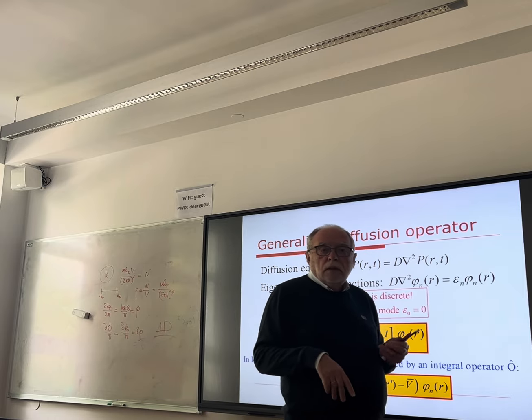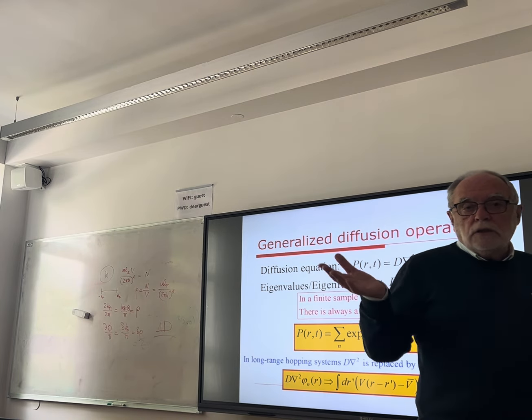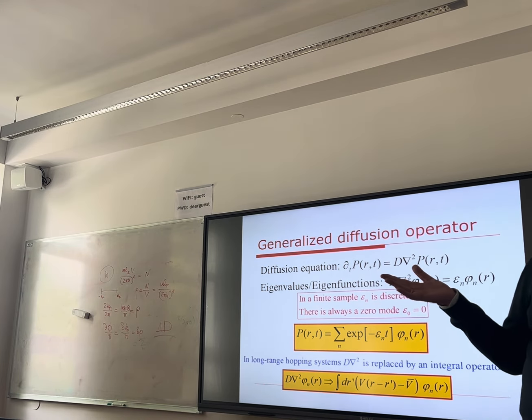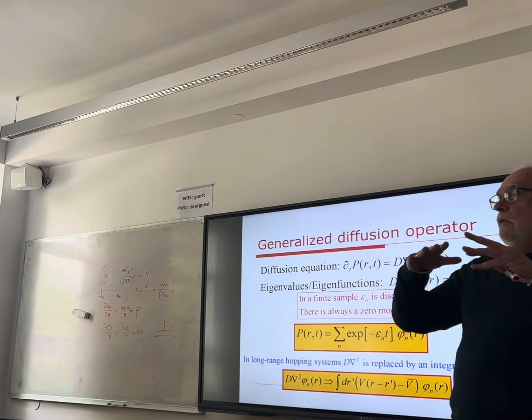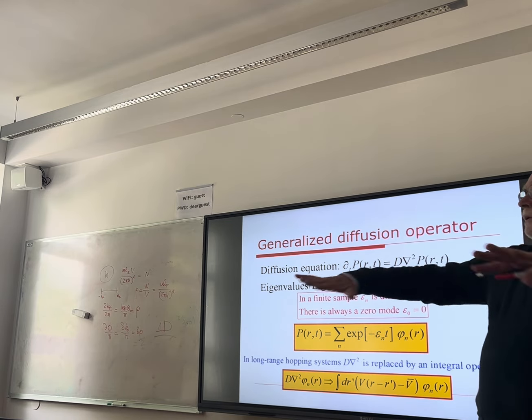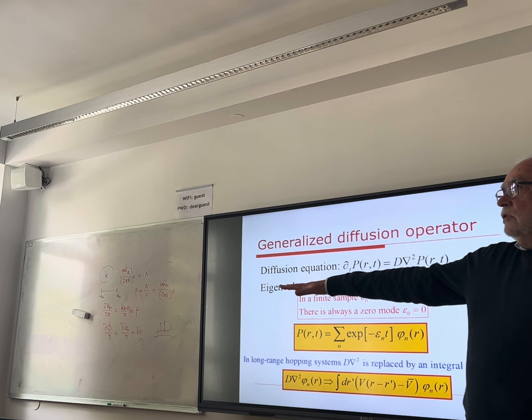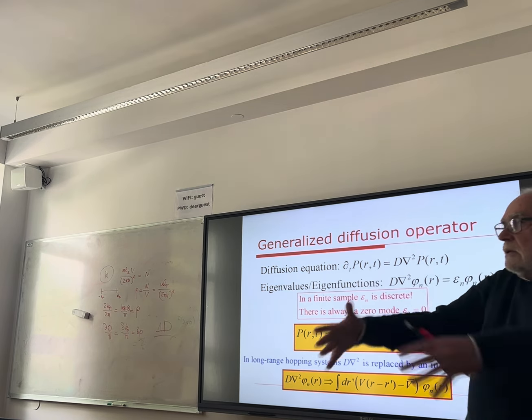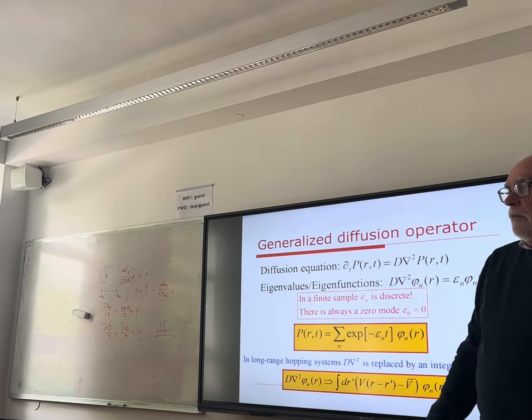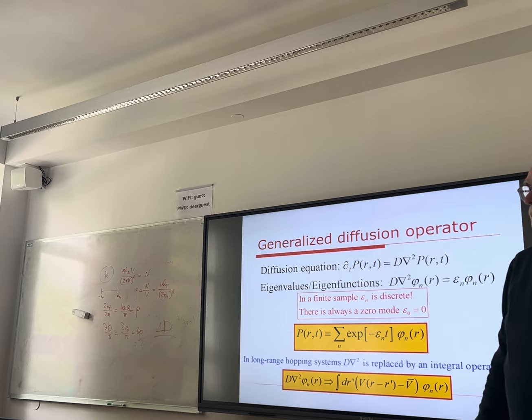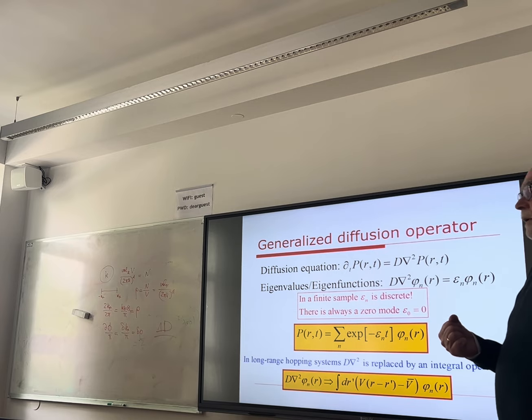Therefore, I told you last time about the revival phenomenon, where first you put a particle, it spreads homogeneously after some time, and then it starts coming back to the point where it was injected. And this is a quantum phenomenon.